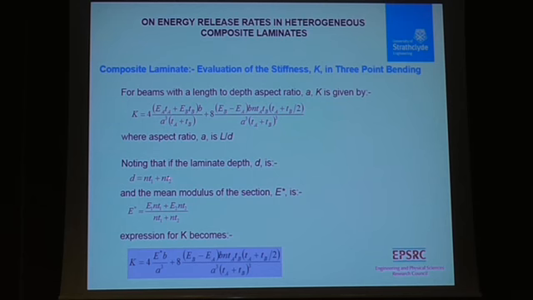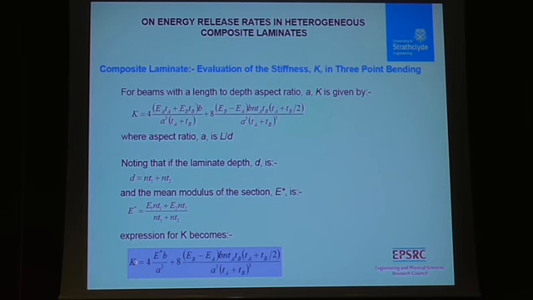And if we know the laminate depth must be the sum of the individual laminate thicknesses, and if you like, the mean modulus of the section, or the modulus I would get if I were doing a simple uniaxial test, is given by this expression, then the expression at the top here simplifies down to this thing here.